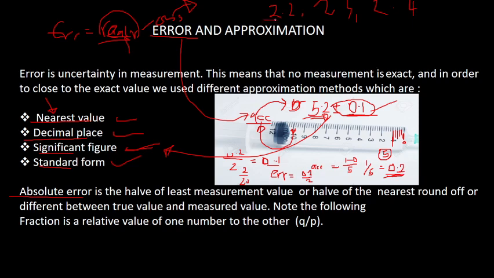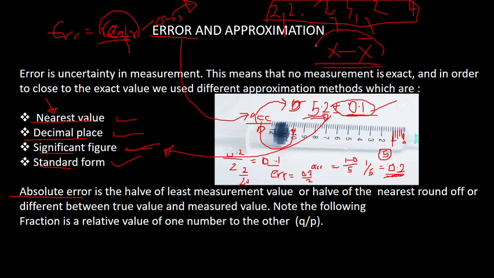The real value of these three measurements is the average, while the observed value is each individual value. And you can calculate the error by taking each observed value away from the real value.